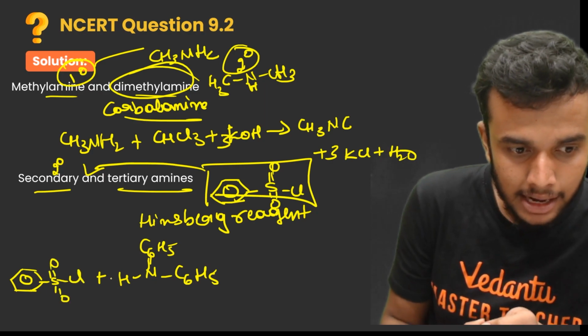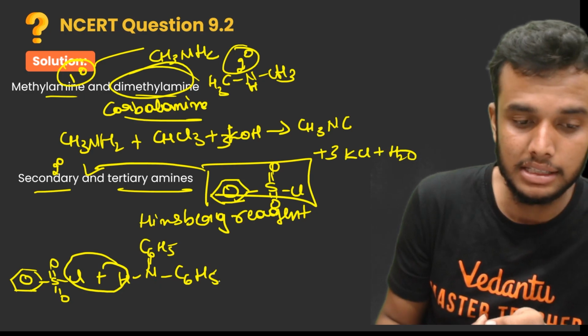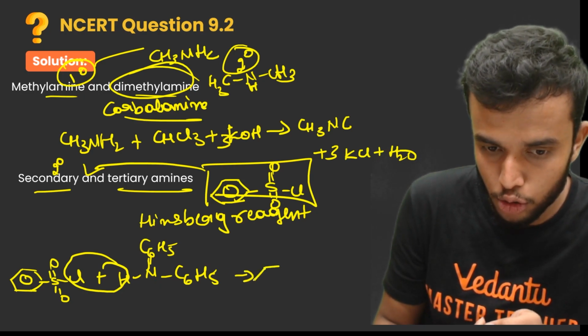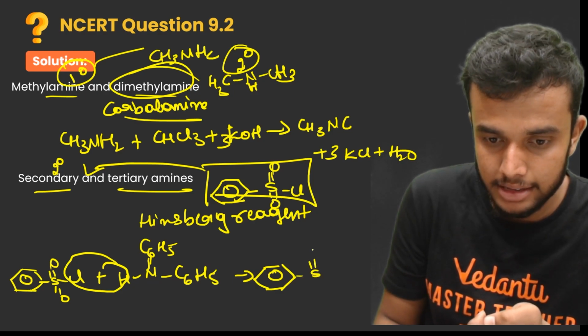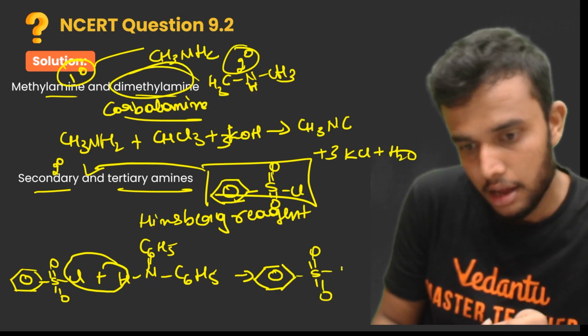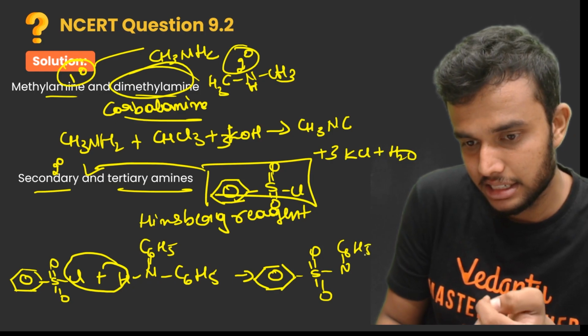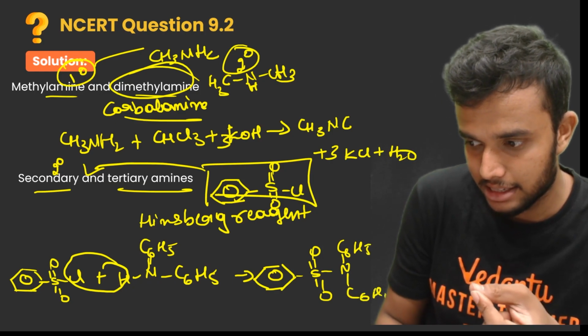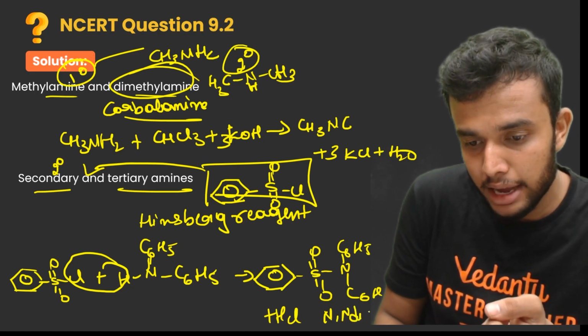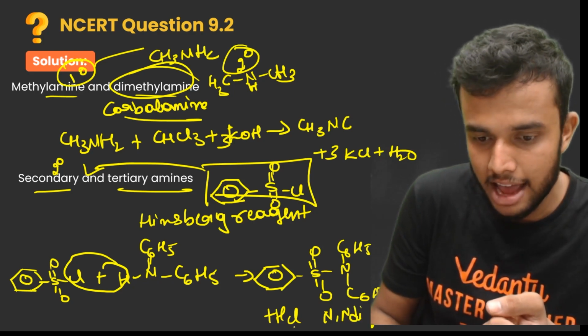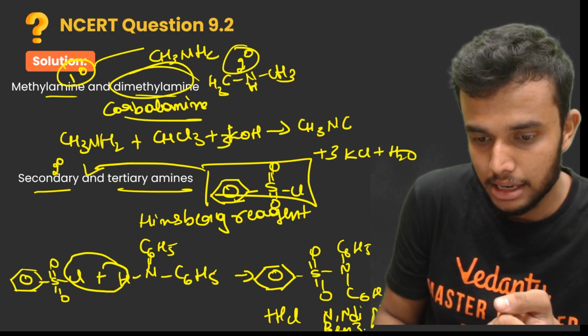If it reacts, an HCl molecule is released and it forms a new molecule, the benzene sulfonyl product, here N with C6H5 and C6H5, with the release of HCl. What is the name of this? N-diphenyl benzene sulfonamide.